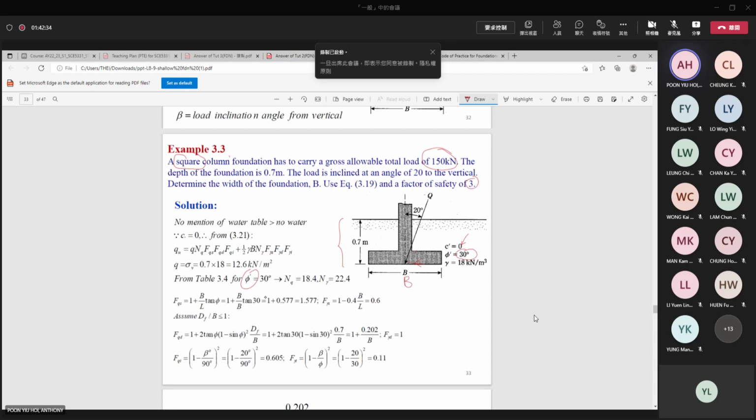We don't have to consider the effect of water in this case. We have the friction angle, so we can find these two factors from the table or from the equations. Okay.